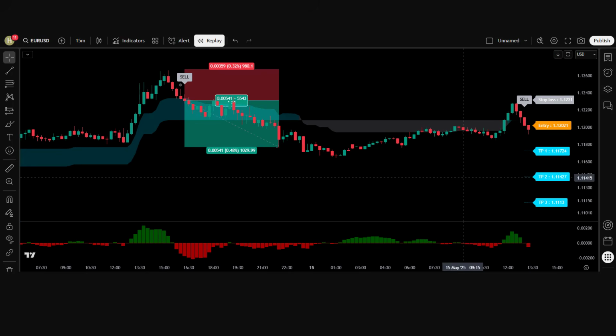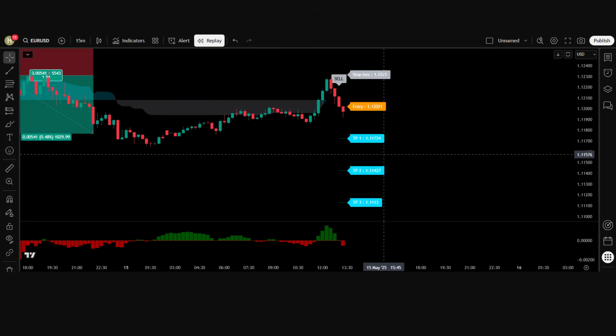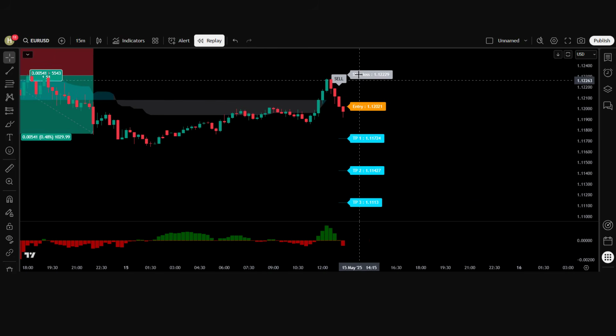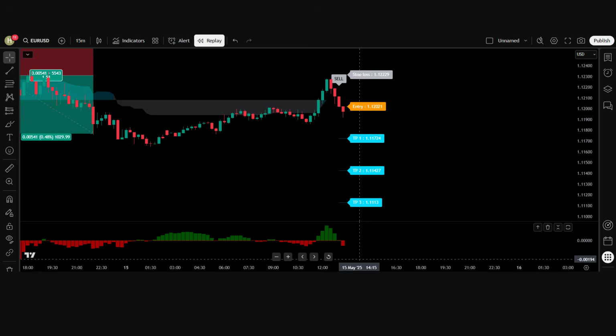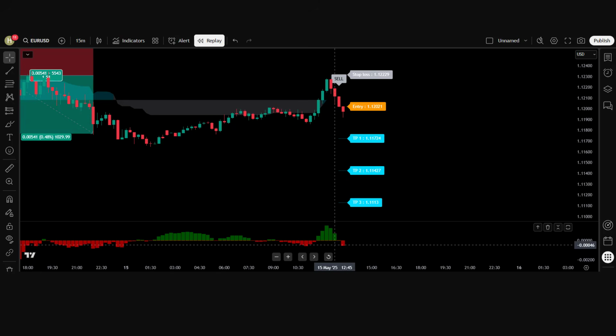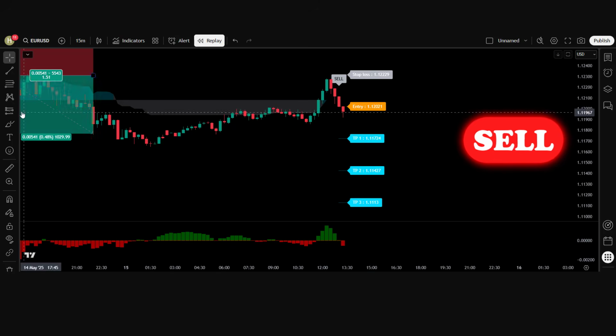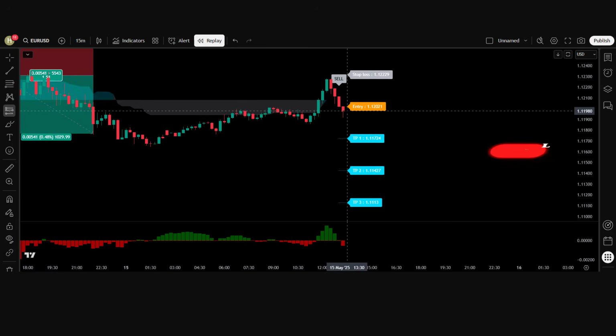We have got the signal. Here the AI indicator gives us a sell signal. The market has made a bearish candle to give confirmation. The columns of the MACD split colors indicator are bearish. So all our conditions are being fulfilled, so we are placing an order to sell.